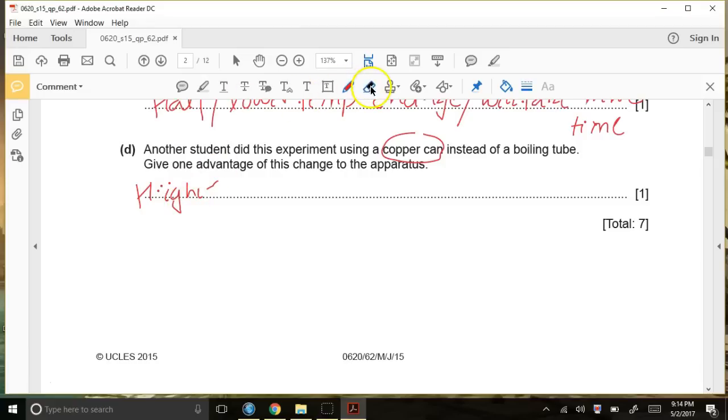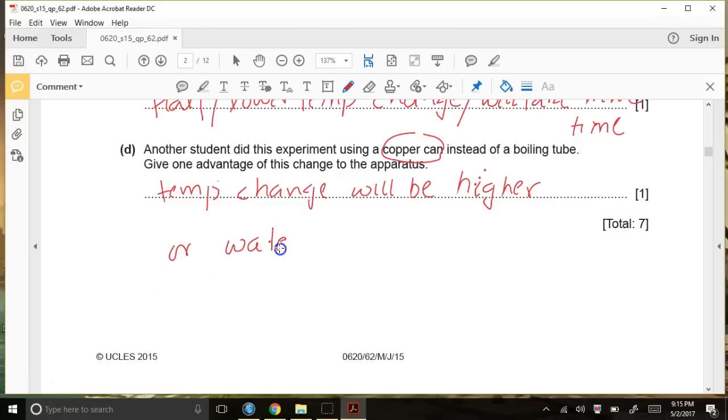So we're going to have, if we're going to use a copper can, the temperature change will be higher, or I can say water will be heated faster.